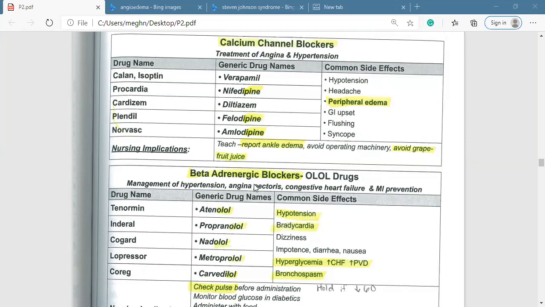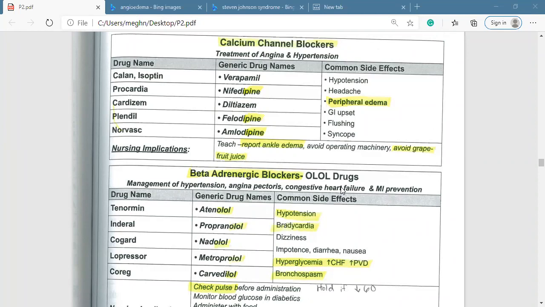So we use beta blocker to prevent congestive heart failure or myocardial infarction. And also, as the most common use, everybody knows that beta blocker or calcium channel blocker we use as antihypertensive. As I told you, these two medications we are going to talk about together because we will compare and contrast these two.